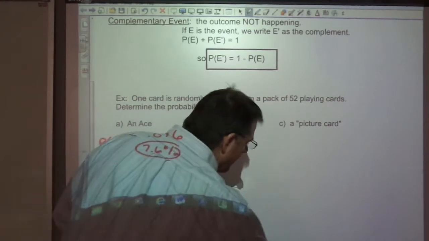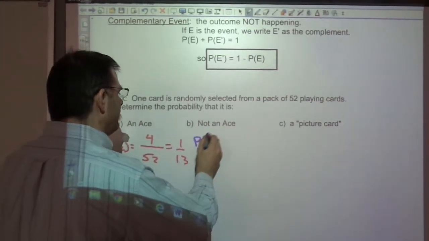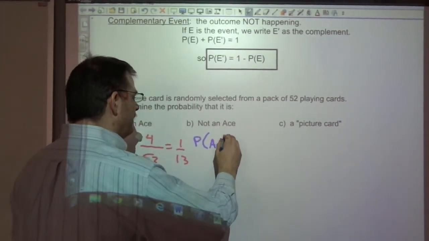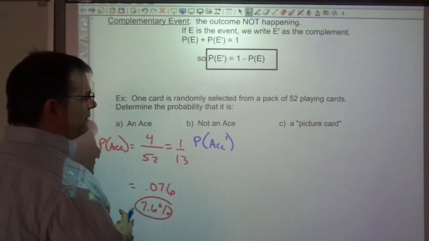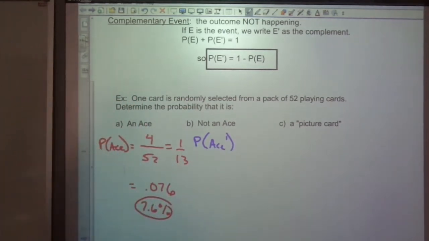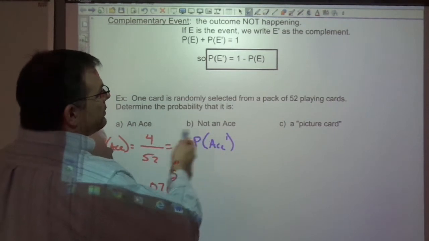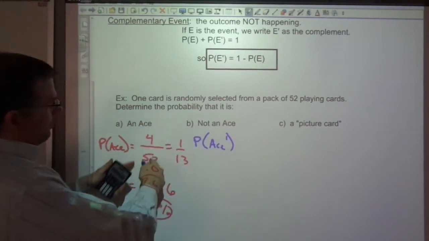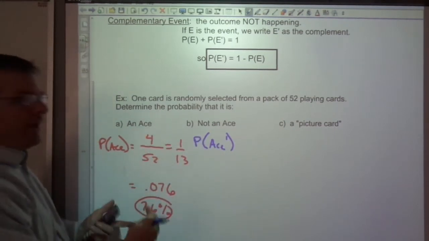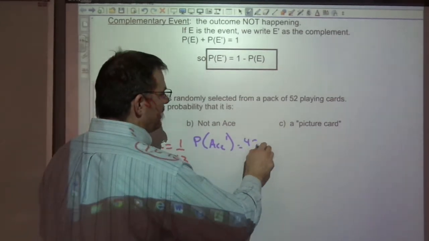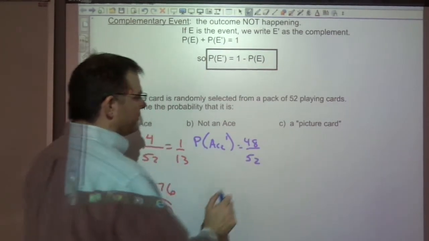The probability of not an ace. Okay, what's the probability of that happening? Well, we know that 4 are aces, so how many are not aces? 48 other cards are not aces.